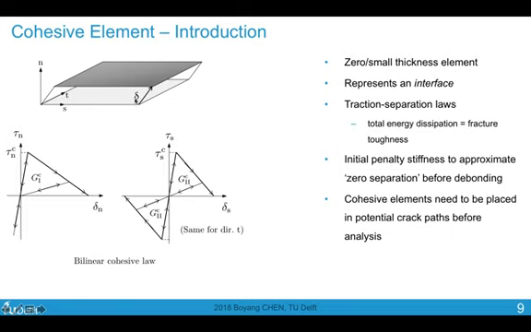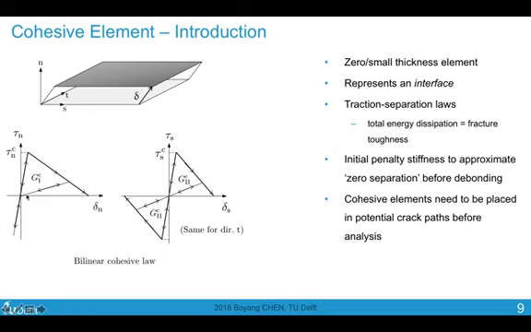And when you separate the two surfaces to a certain extent, then damage would start to occur and the traction would start to degrade. This is represented by these cohesive laws. So mode 1, which corresponds to opening along the normal direction, has this kind of bilinear cohesive law.